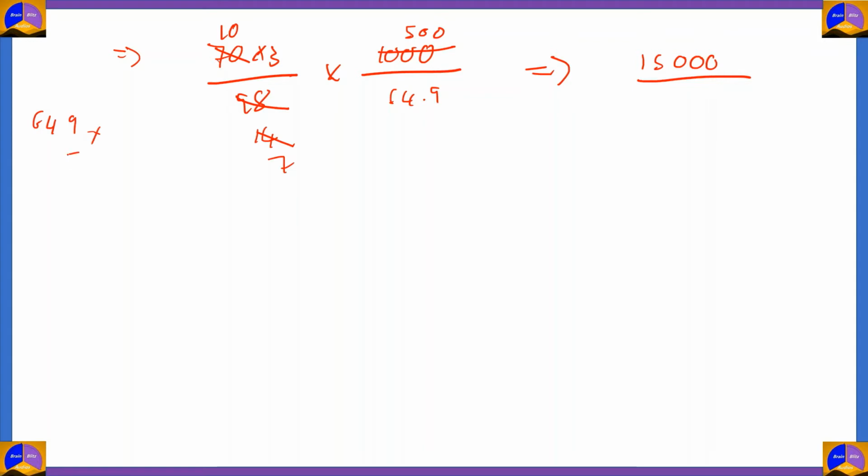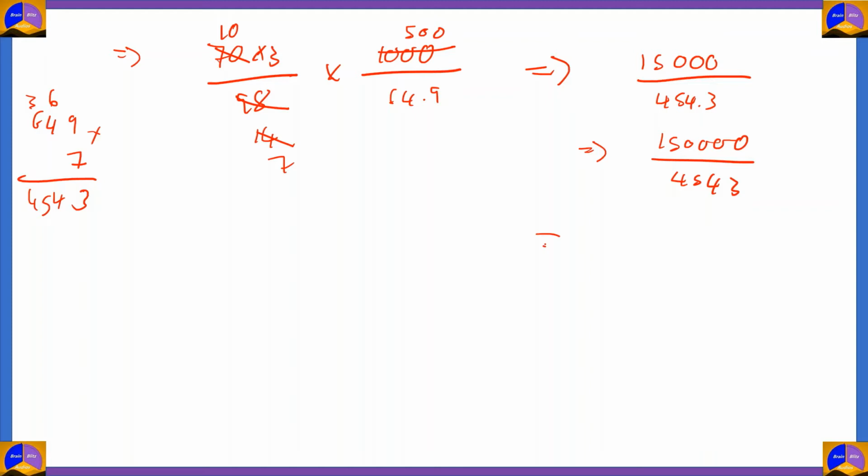64.9 into 7. So 9 sevens are 63. 28 plus 6, 34. 42 plus 3, 45. So we get 454.3, which we can multiply 10 on both sides. So we'll get 15 divided by 4543, which on division, you'll get 33.01, and then there are some more terms.